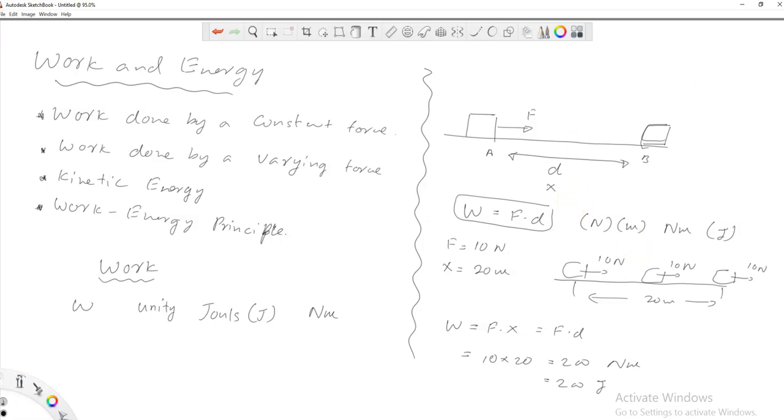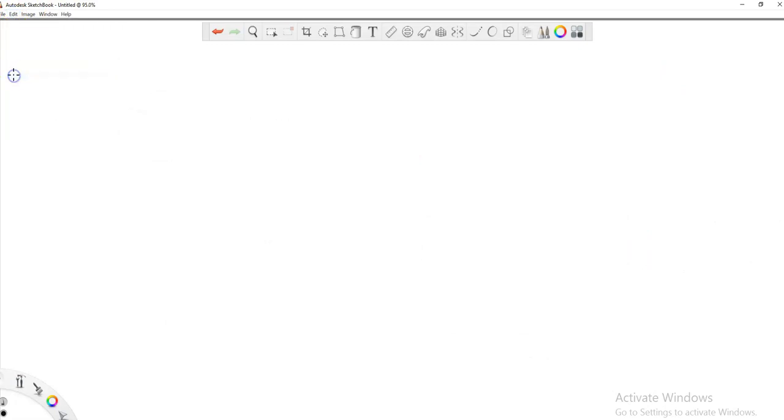So I'm going to clear the whole thing. Alright, so let's go back to the diagram we had. So there's a box and you apply a force. We can apply the force horizontally.